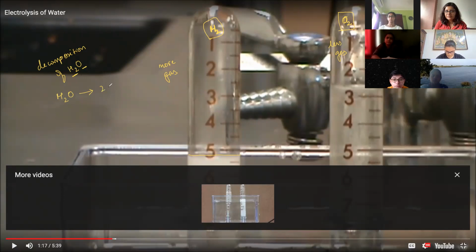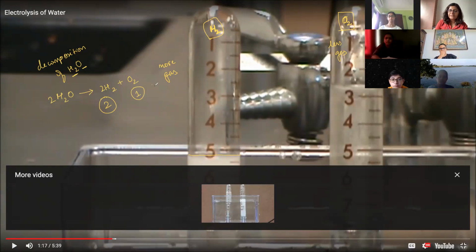2H2O will give 2H2 plus O2. Okay, so this is the thing. If you look at the number of molecules, this whole tank has water, but the gases that are produced, we have 2 molecules of hydrogen for every molecule of oxygen produced here.